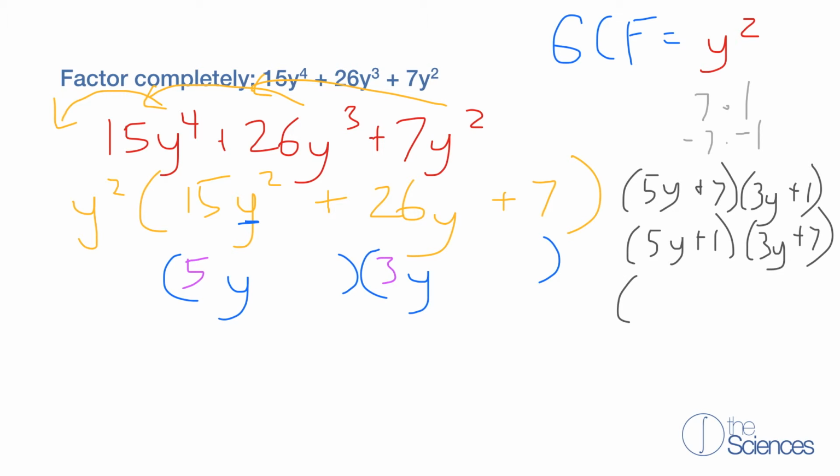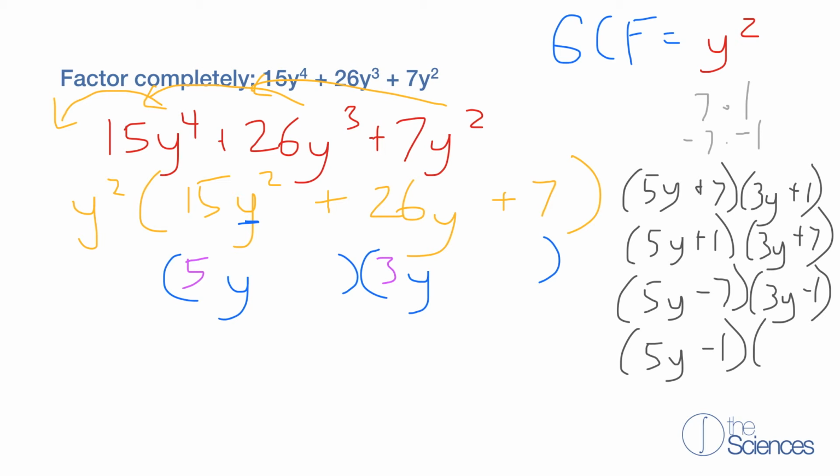We can also have 5y minus 7 times 3y minus 1, or 5y minus 1 times 3y minus 7. So now we're going to add up our outer and inner terms, which should equal our middle term of 26y.